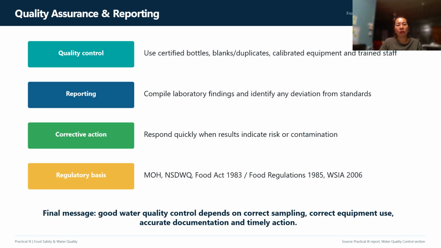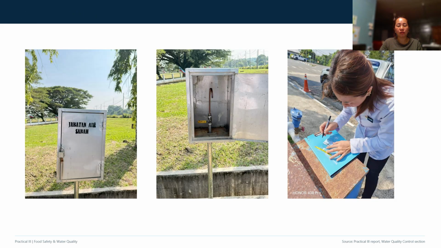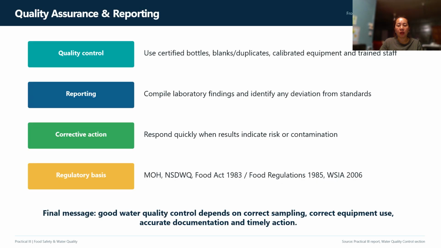For quality assurance and reporting, quality assurance and quality control are important to ensure that the results are accurate and reliable. This includes using certified bottles, blanks or duplicate samples, calibrated equipment, and trained staff.